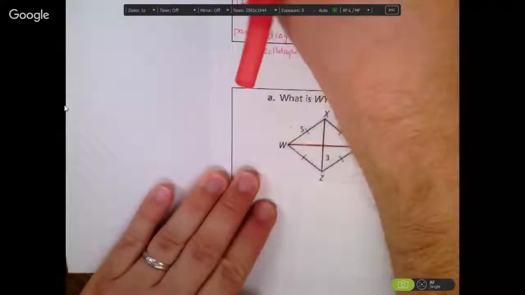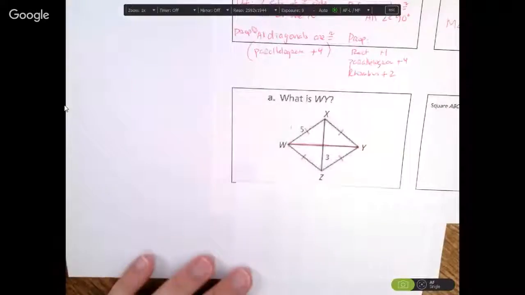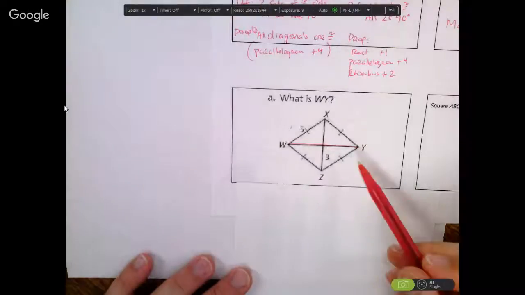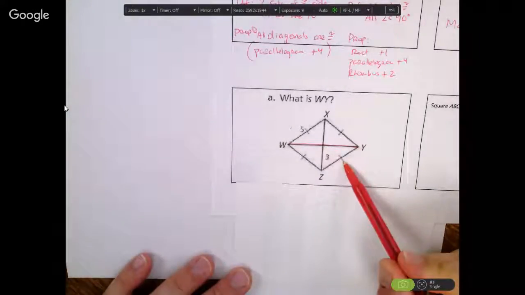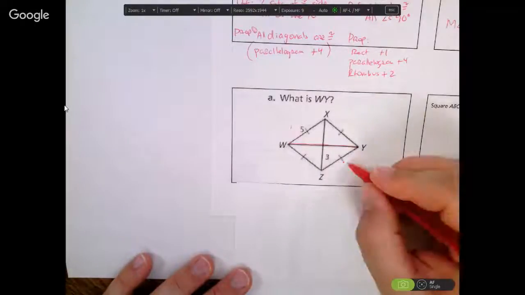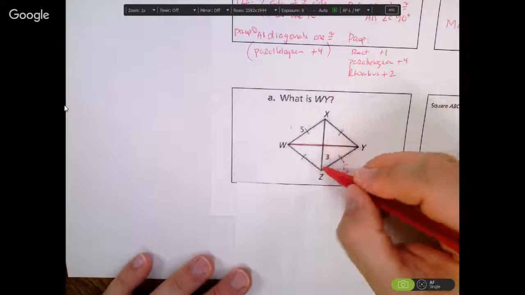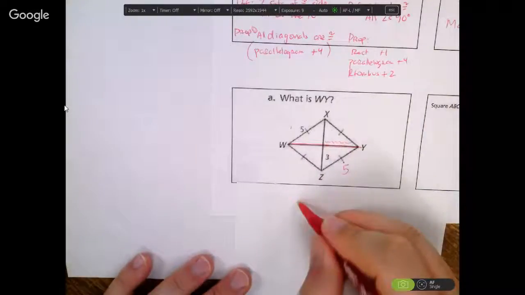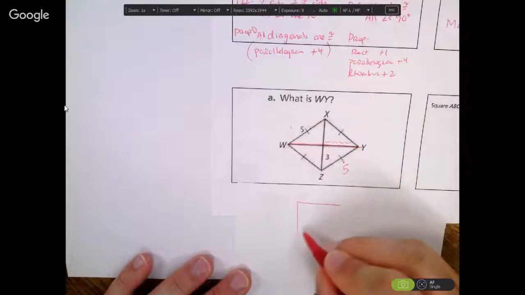Oh, use the Pythagorean theorem. Yes. Wait, why couldn't you use C squared equals A squared plus B squared? What's this? 5. So I'm going to figure out this triangle, this length right here first. I know it's a right triangle.